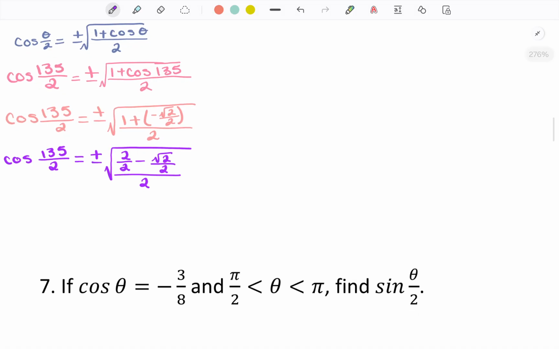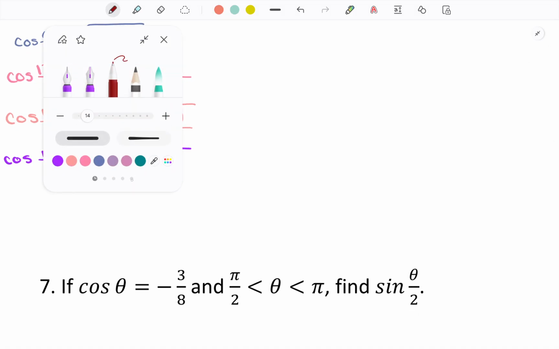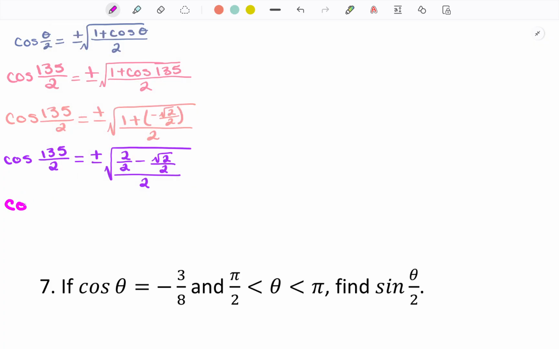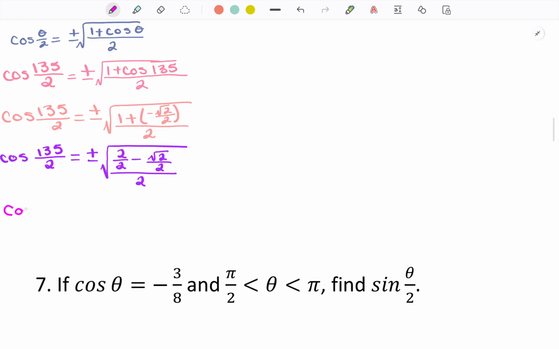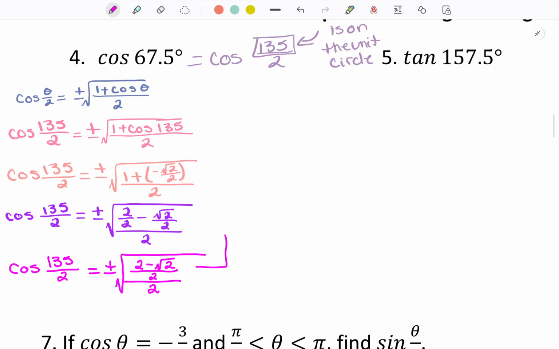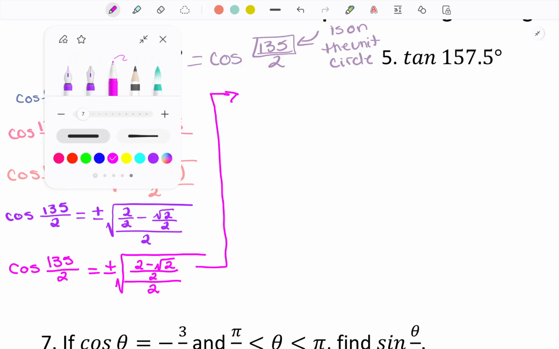So we are going to have our cosine of 135 over 2, and that is going to equal plus or minus, and I'm going to put all of this together in one fraction underneath the radical. So we're going to have 2 minus the square root of 2 all over 2, and then that's divided by 2. So we are going to then flip and multiply inside the radical.